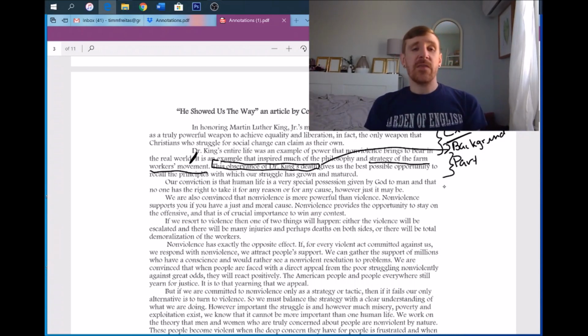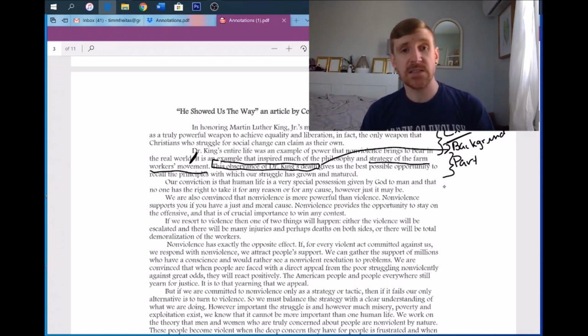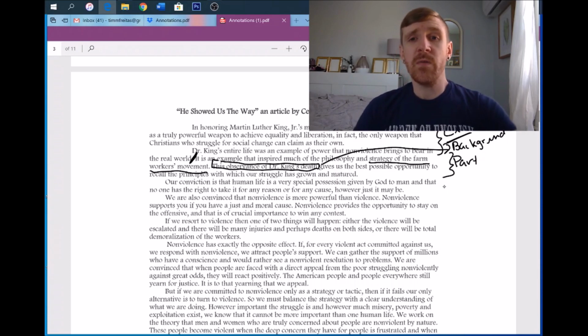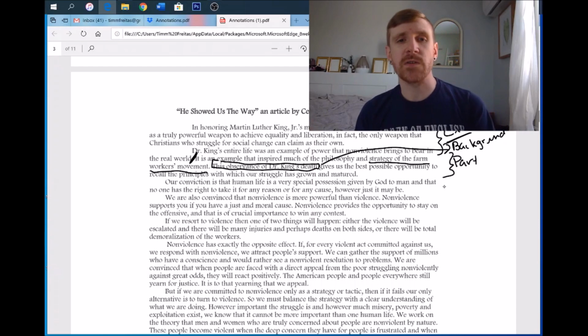And then we finally start to shift to the thesis of the piece, which is nice because we can teach our kids that a thesis does not have to be one sentence. We know that part of what goes on up at the top highlights the argument, but what he's going to argue throughout the paper actually shows up after he begins to segue into the farm workers movement.